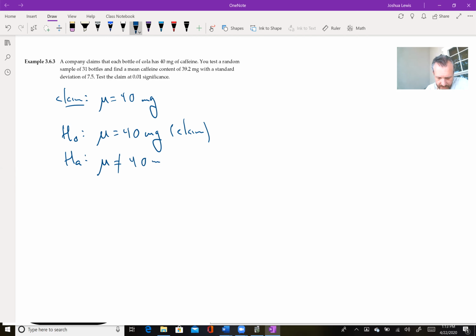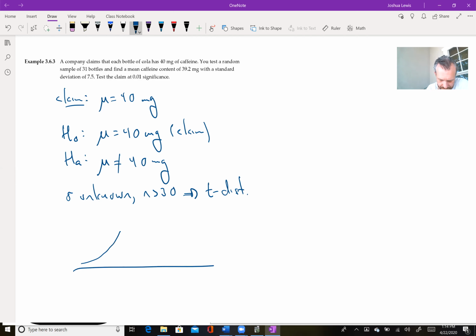So there is my alternative, not equal. Now sigma is unknown. N is greater than 30, barely. So we have the t distribution. All right, 0.01 significance, 2 tailed.